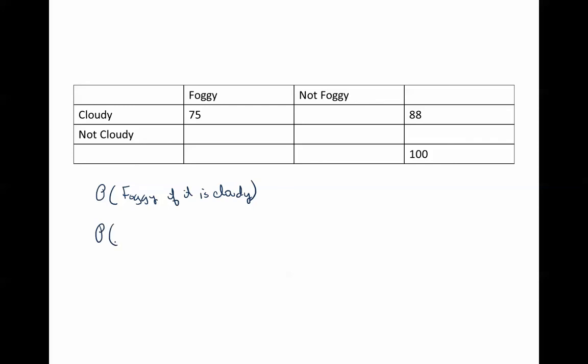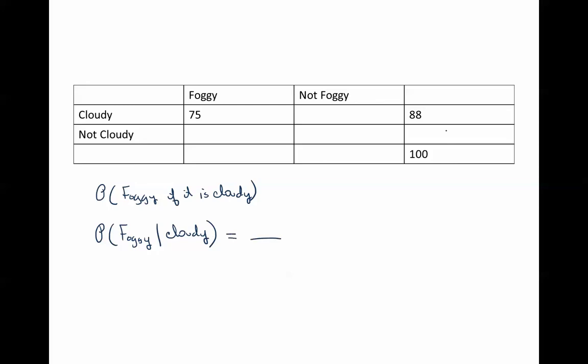And that would be written in terms of that conditional probability like this, we're looking for the probability that we have a foggy day given that we know we have a cloudy day.